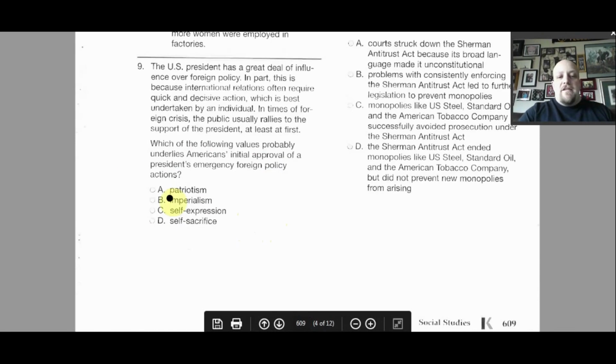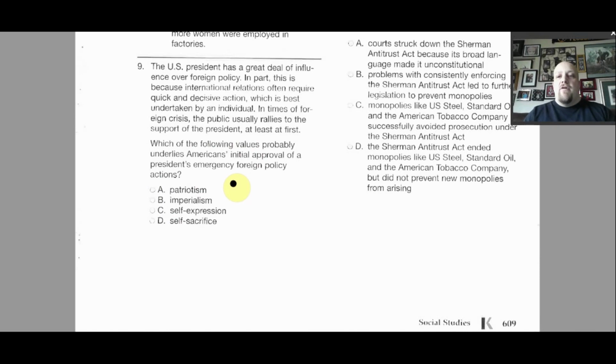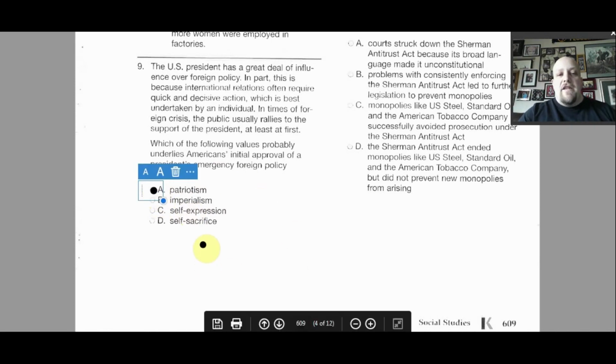So, in a lot of these, patriotism is generally the idea that the people will rally around what they call rally around the flag, and that's the idea that people will support the president initially. So that one, if you look up patriotism and kind of know what it means, this is your answer right there. You don't have to really look at the other ones if you know that's the answer.